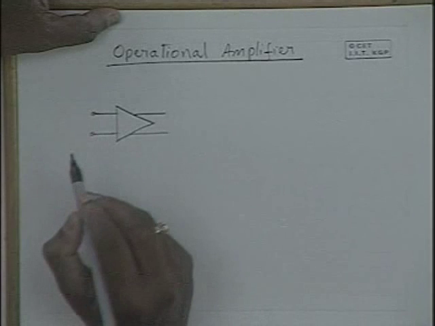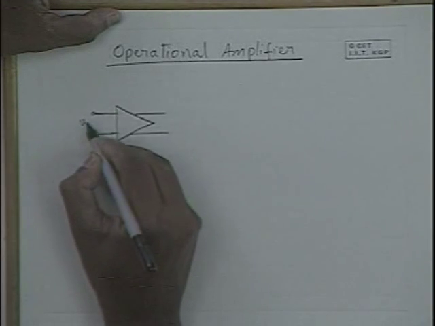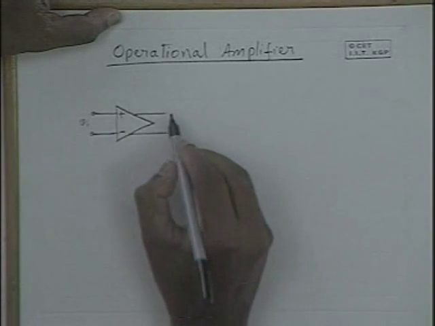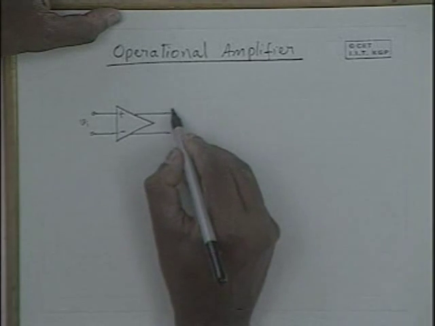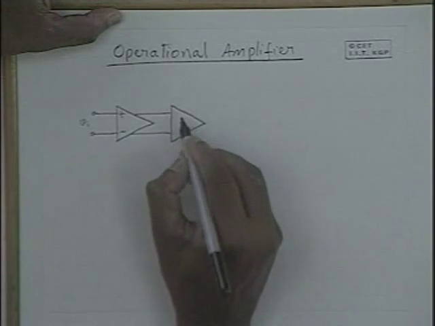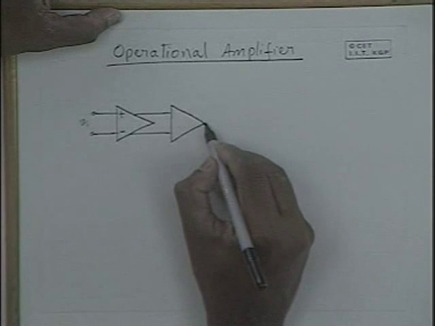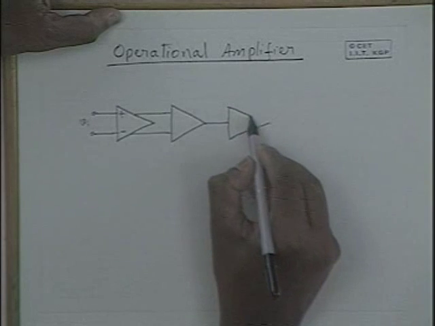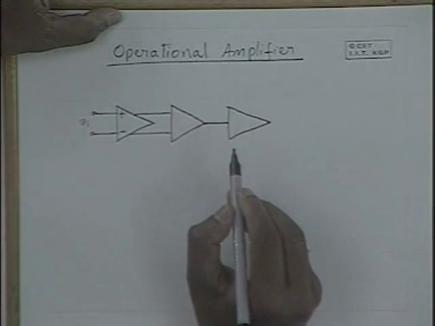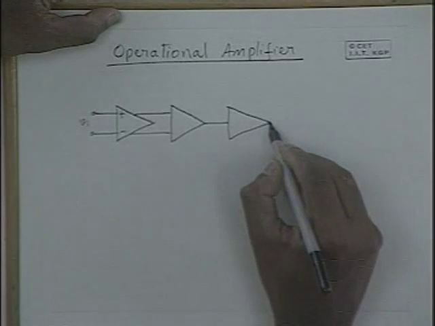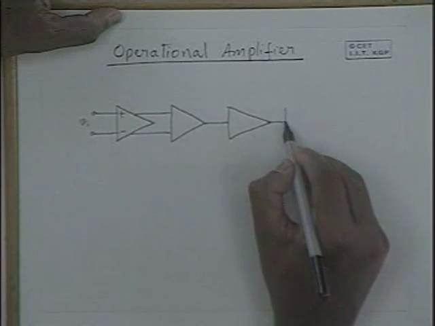It therefore provides differential inputs, and one becomes a non-inverting terminal and the other one becomes an inverting terminal, and the differential outputs are again fed to another differential amplifier followed by an emitter follower, something like a common collector amplifier. Then we go for a level shifter and output driver.